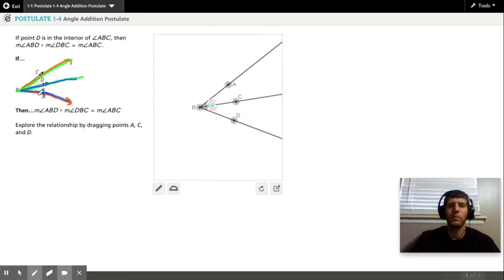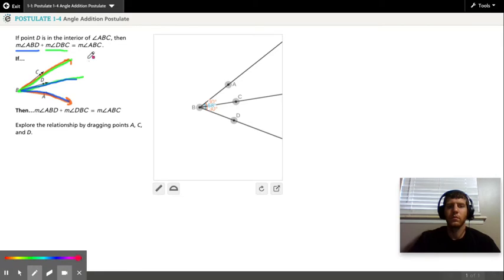So ABD is this angle, the blue one, right? ABD. Okay, and then the green one here is DBC.